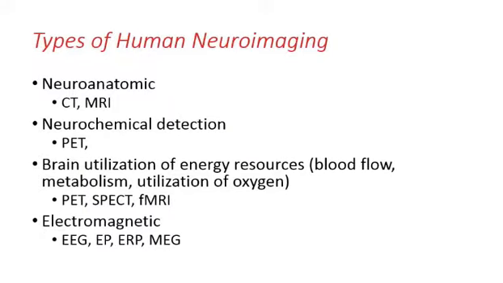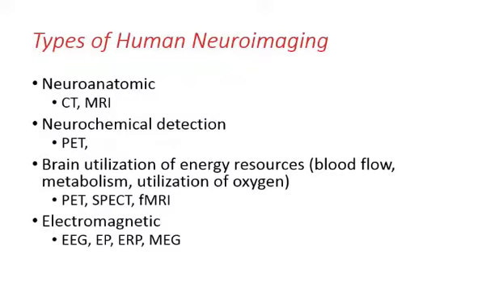I wanted to talk about some of the major neuroimaging techniques as well. We have the CT, or computed tomography scan, or CAT scan, and the MRI scan, which are the most used for neuroanatomic purposes. We have neurochemical detection, which is in the domain of PET, positron emission tomography.